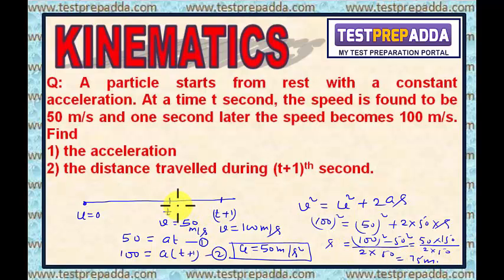So the particle will travel 75 meter of distance in this t plus 1 second. Okay? In the next video lecture, I'll talk about motion of the particle under gravity, and we will derive some more equations for problem solving.